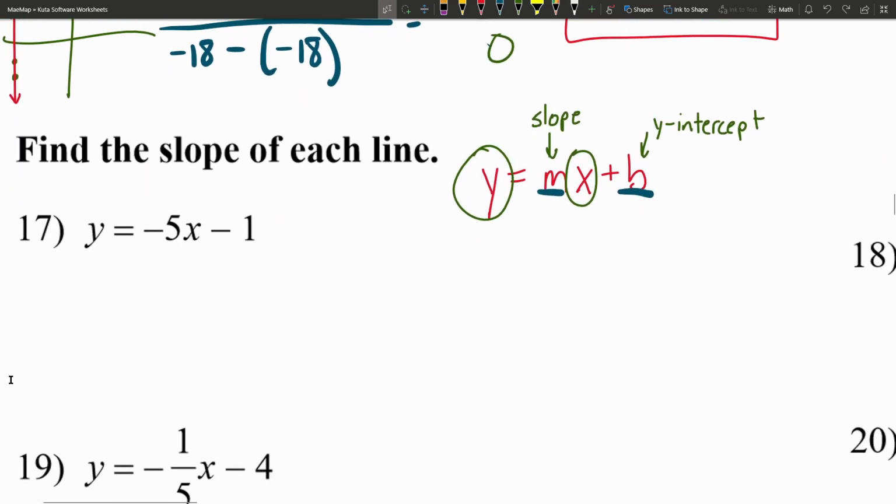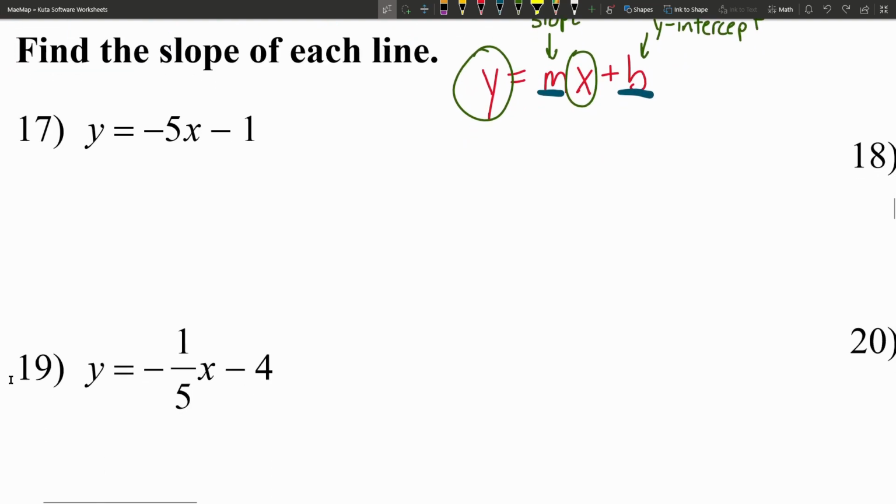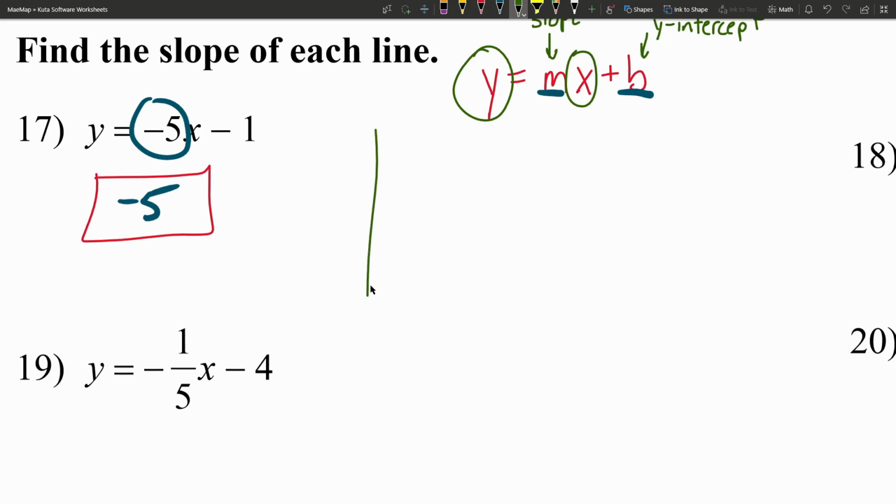So diving back into number 17, if we just have to find the slope, we can easily see that our slope is multiplied by that x, because we are indeed in the form of y equals mx plus b. That slope is a negative 5. So if we were to draw this line, just a quick sketch of it, I know that my slope is a negative 5, so I'm going down, and if we have to add b, we're adding a negative 1.